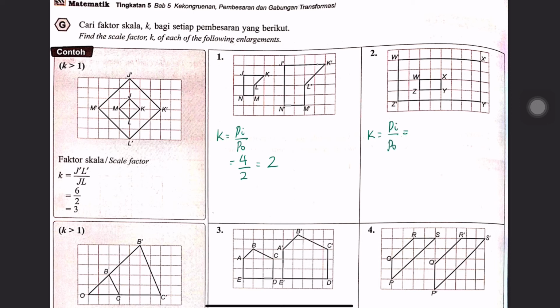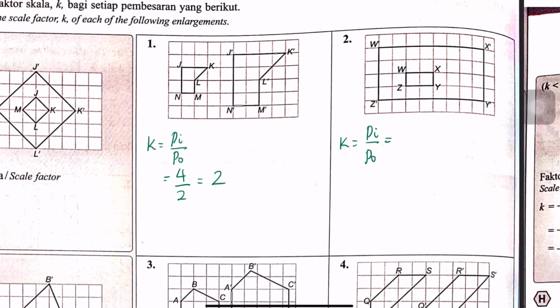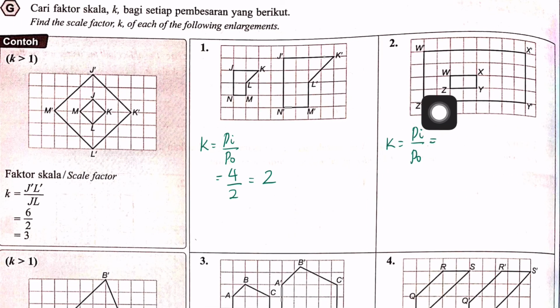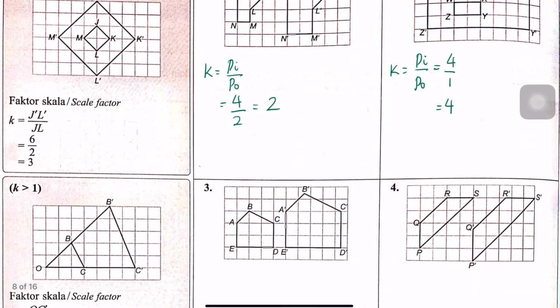Next, K. Image is the one with prime. So 1, 2, 3, 4. 4 over, WZ 1. So your K is 4 over 1, which equals 4.